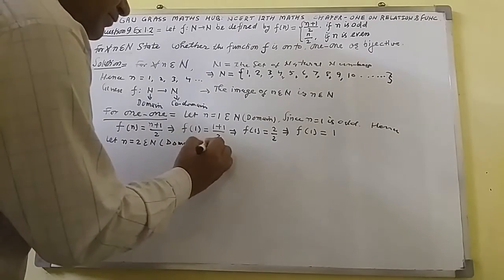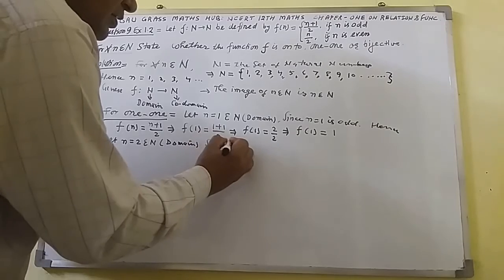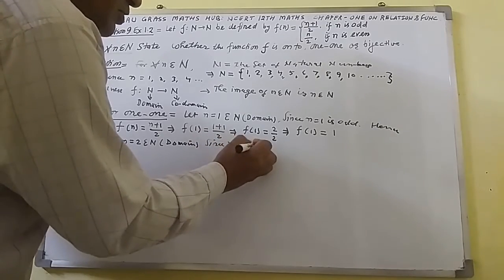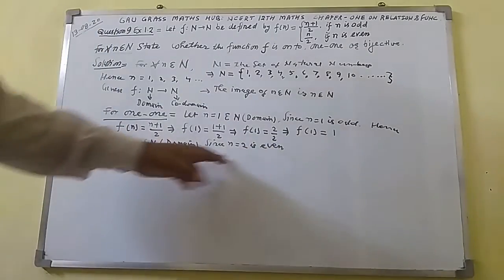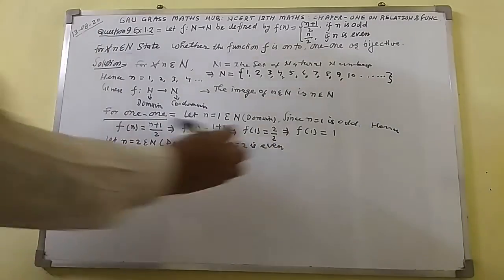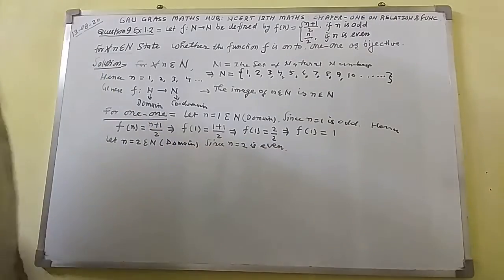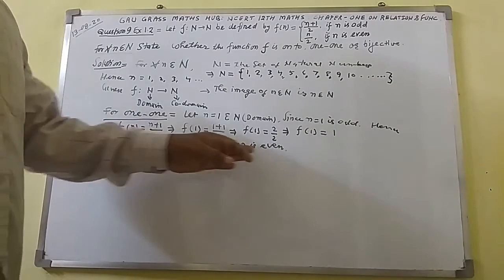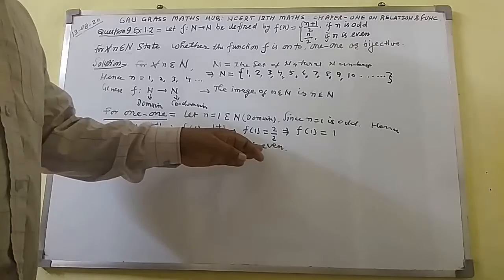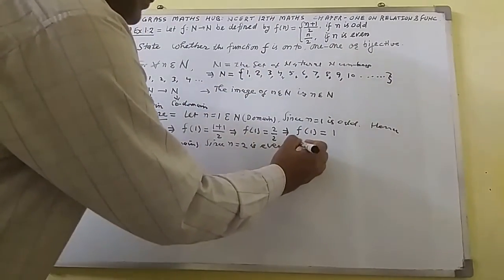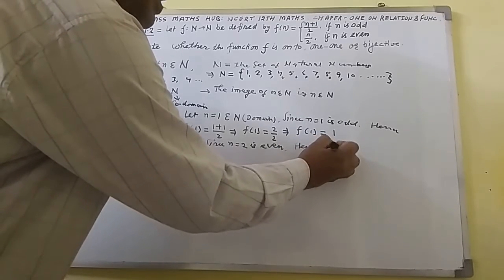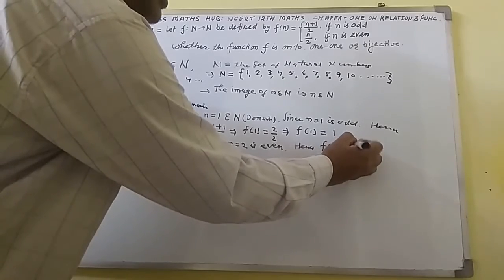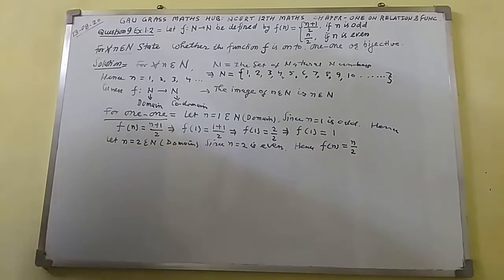Since n equal to 2 is even, you will take the even function, f(n) = n/2.